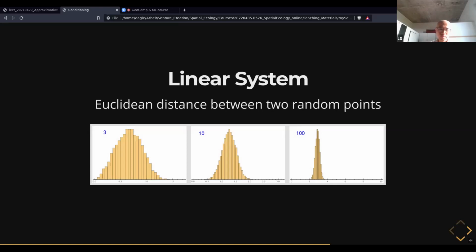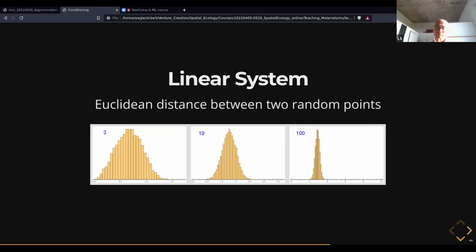Now, this graph is basically a histogram I show of the distance of two random points sampled 100,000 times. And the results are in different dimensions. It starts from dimension 3 all the way to dimension 100.